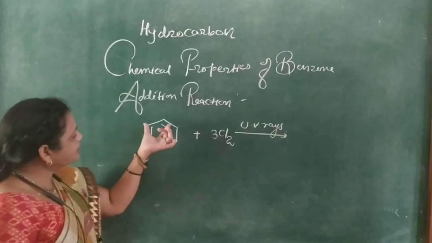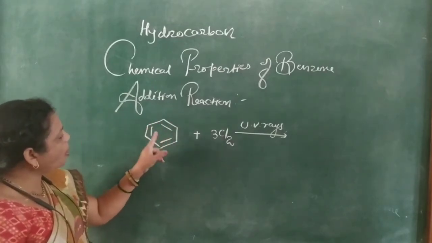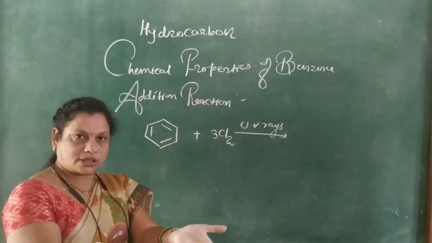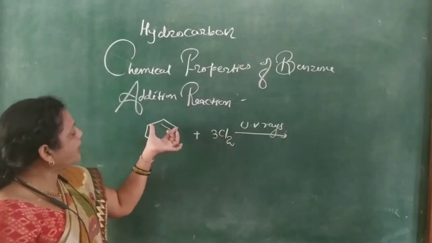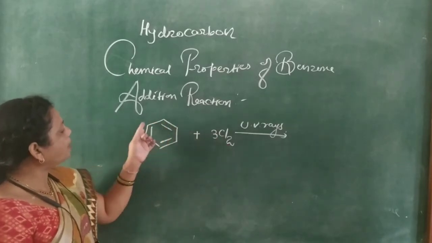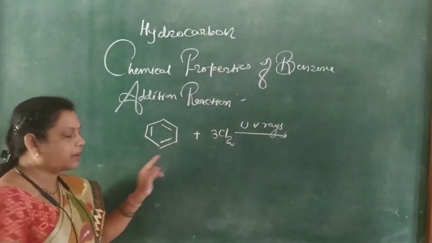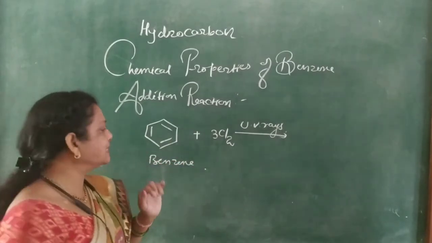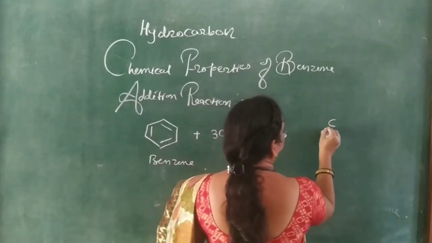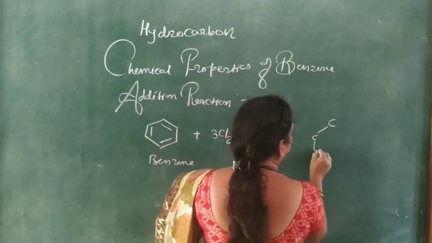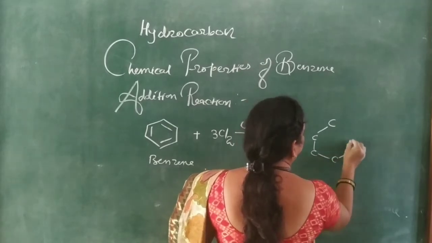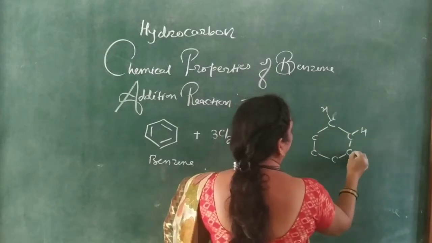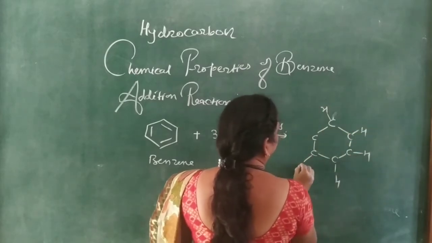Now these 3 double bonds are converted into single bonds, and 6 chlorine atoms are bonded to each carbon atom of benzene, to form benzene hexachloride. So in this way, C, here again C, and C.